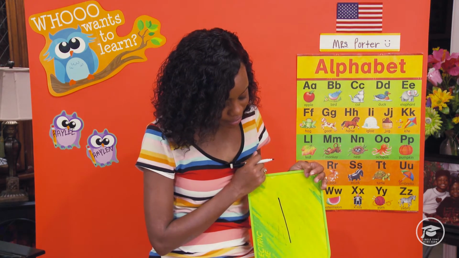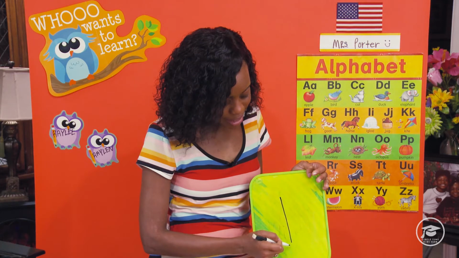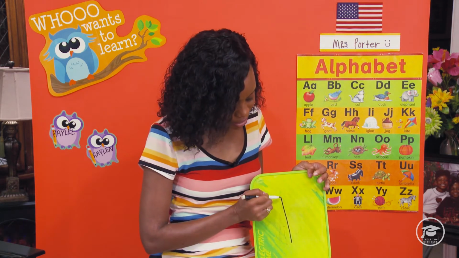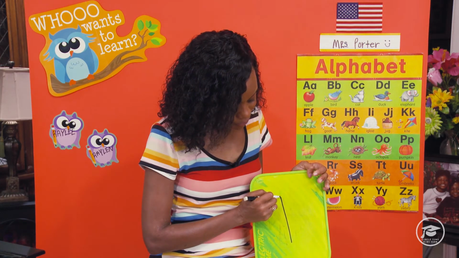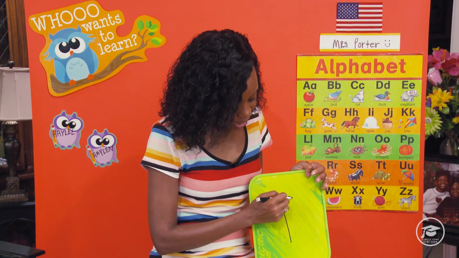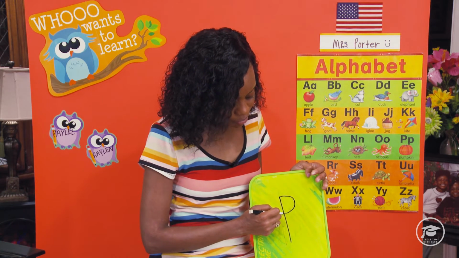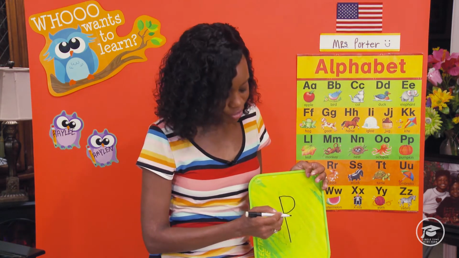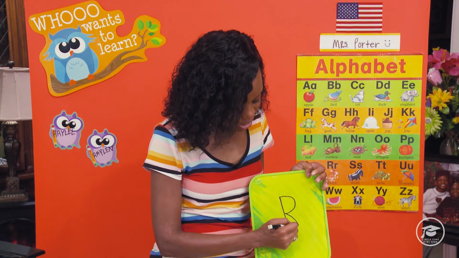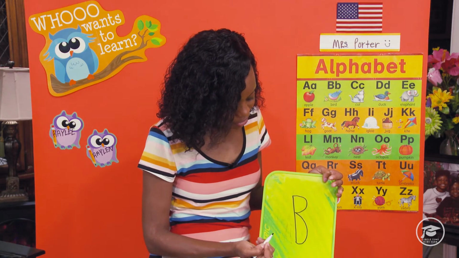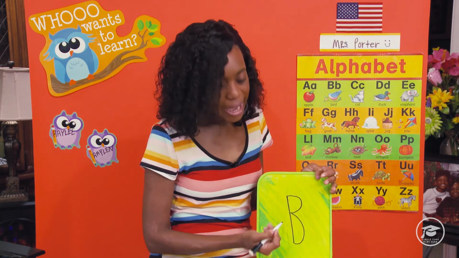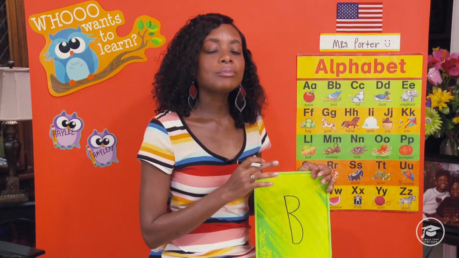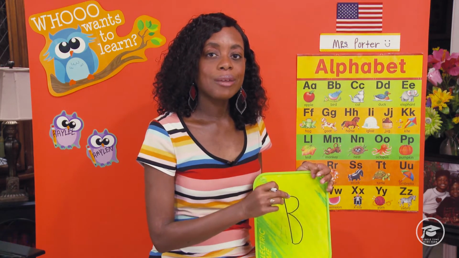Line. See how I did the line? Up, down, line. Okay. Do half a circle, stop. And then the second half a circle is a little larger. And another half a circle, B. And also, you can write multiple times on your paper.